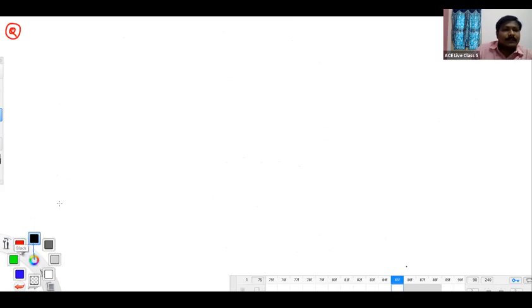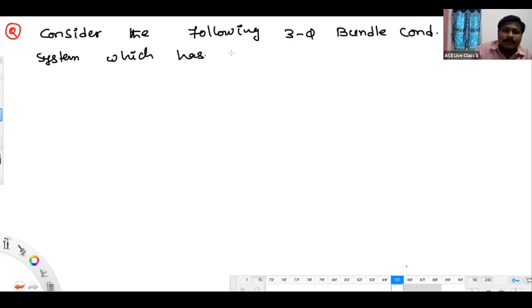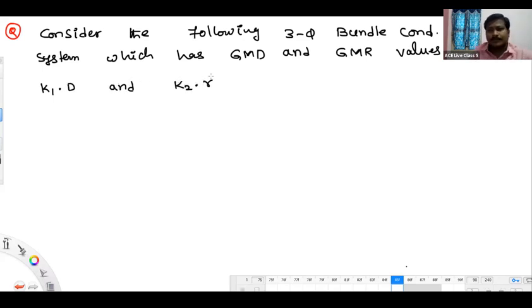Consider the following three-phase bundle conductor system which has GMD and GMR values K1 into capital D and K2 into smaller s, respectively.